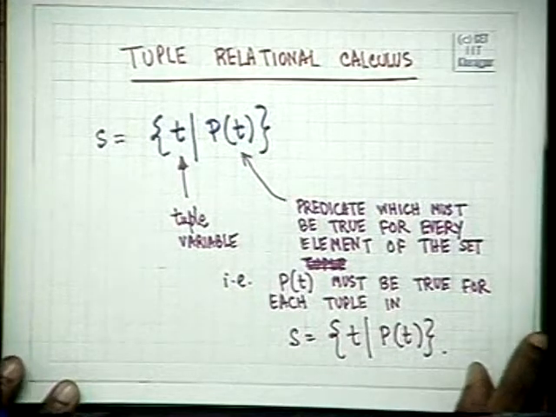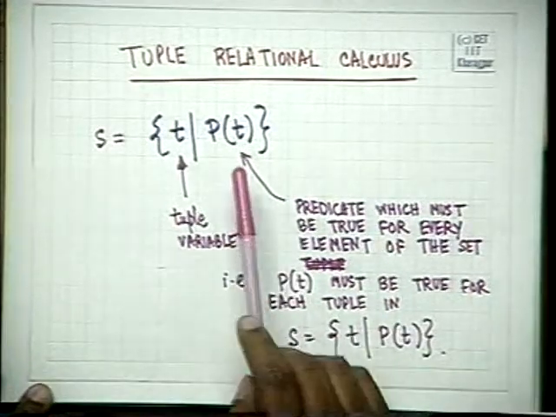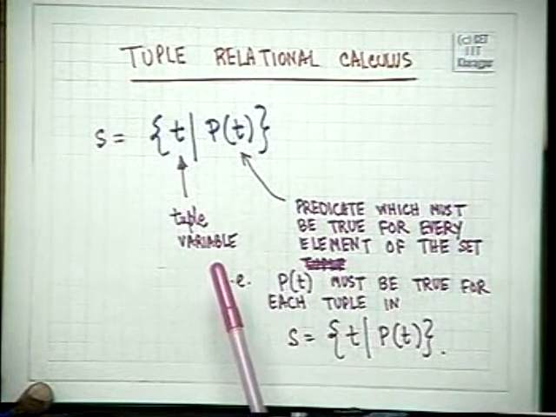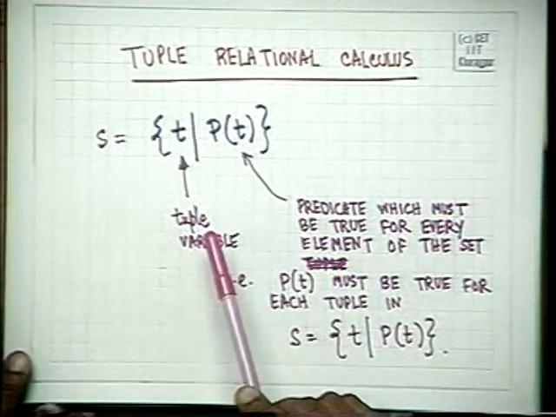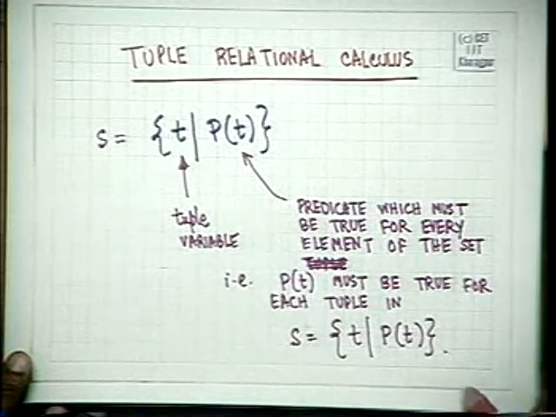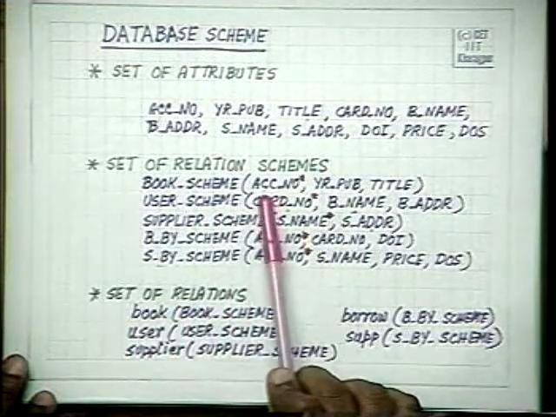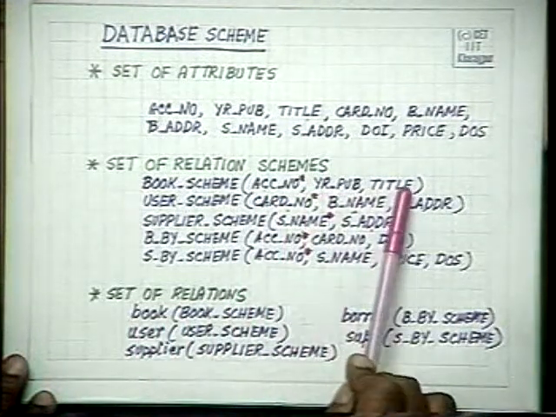In order to see several examples of relations or queries in tuple relational calculus, we will use our original library database. So, we will quickly go back to our library database. We have the book relation, which has accession number, year of publication and title.